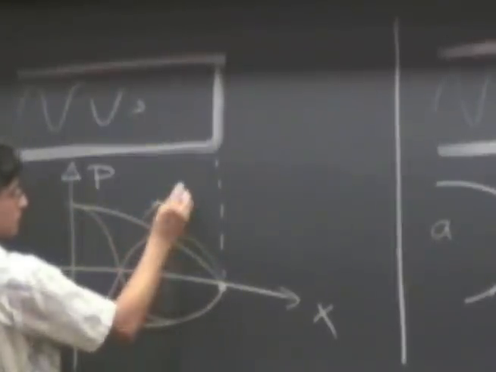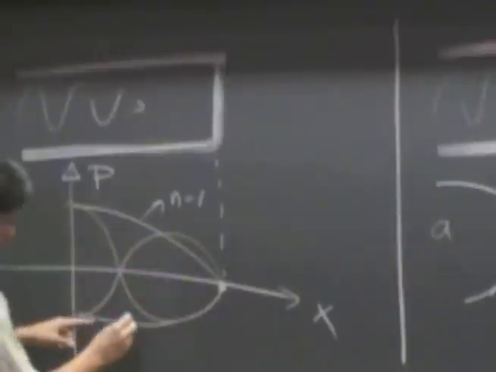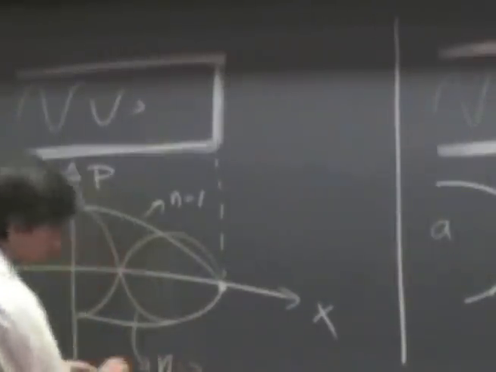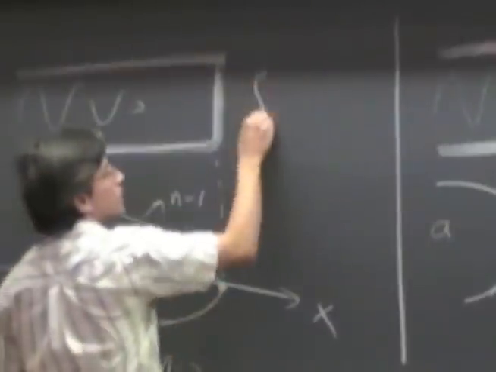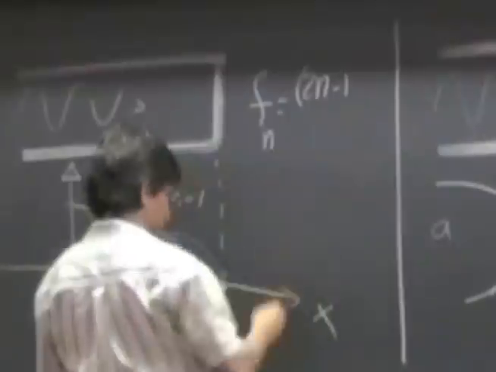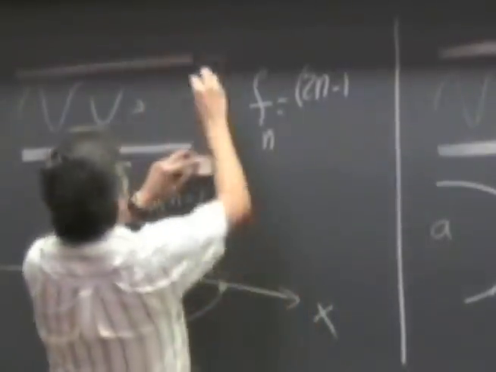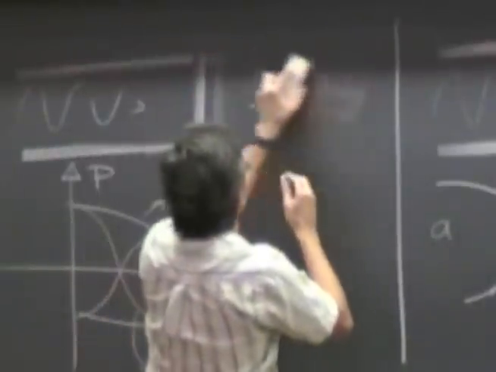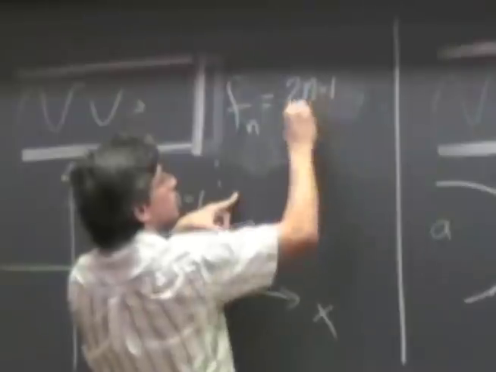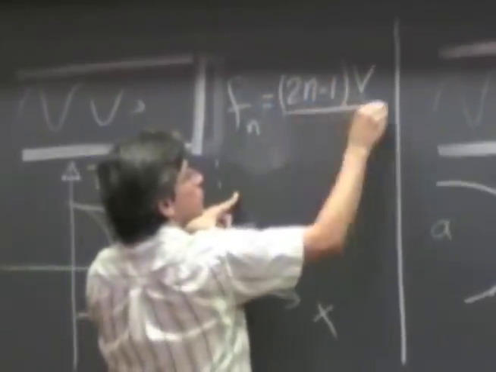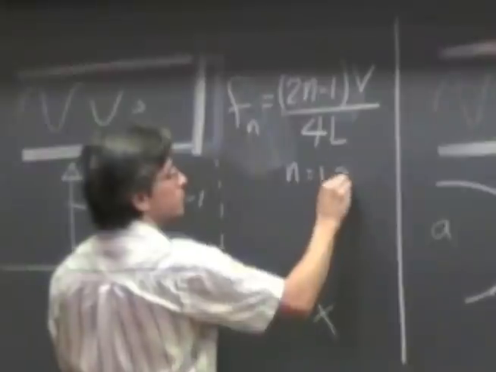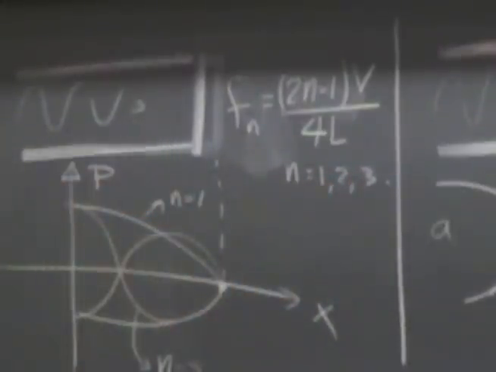this one is, say, n equal 1. So the equation that you end up with is this one. f sub n is equal to (2n minus 1) times v over 4L, where n is 1, 2, 3, and so on.